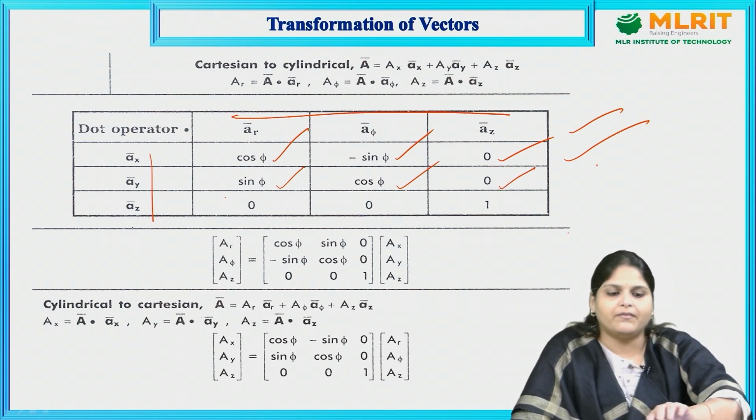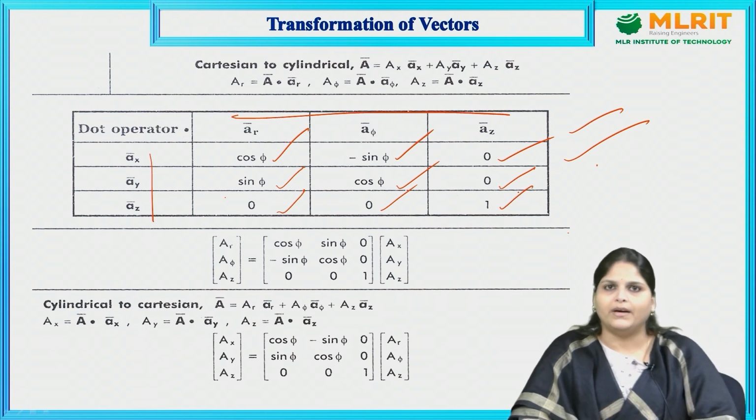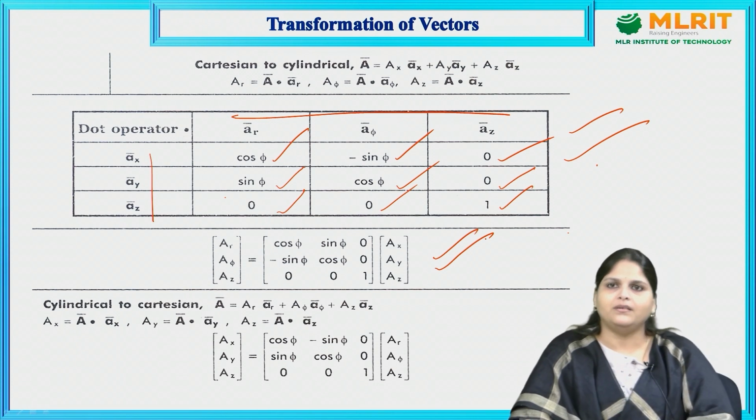Similarly, between az and ar we get 0 because they are perpendicular. az and a phi is 0. az and az, because they are in the same direction, we get 1, right? In this form also you can write the same table, right?